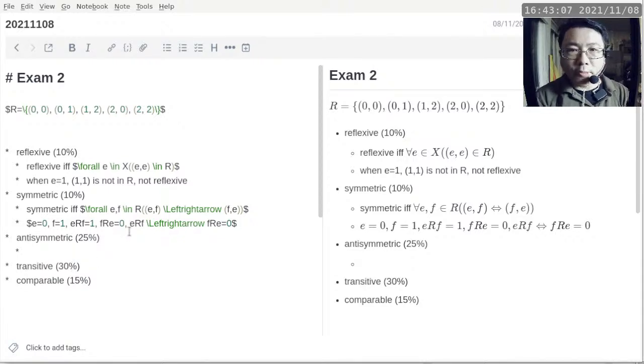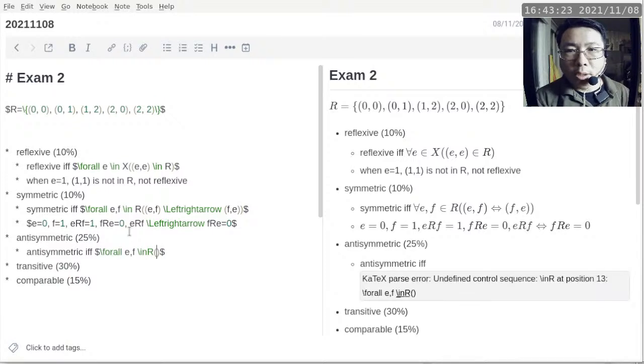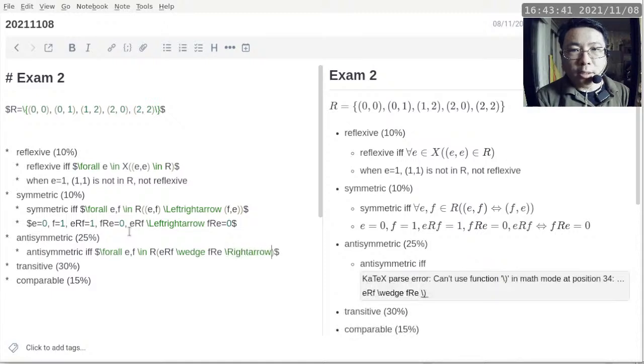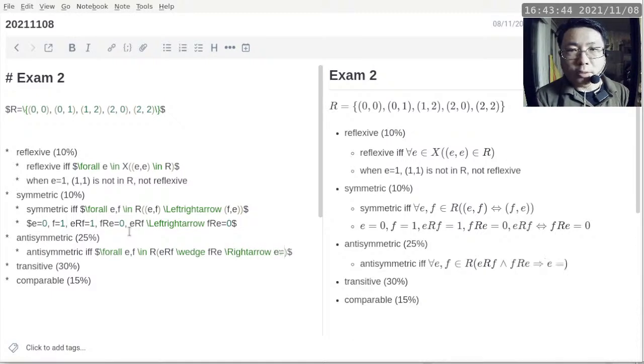All right, so what about anti-symmetric? In the case of anti-symmetric, I'm going to define it one more time here. Anti-symmetric if and only if, we only need two variables also. So we say for all EF in R, and then what is required in this case is a little bit more complicated than the previous two properties, because in this case we say ERF and FRE has to imply E and F are the same.